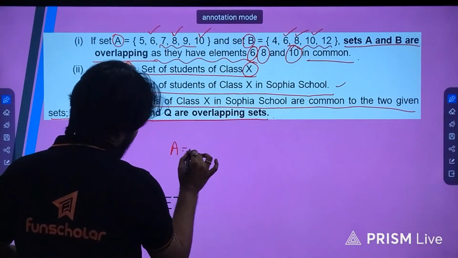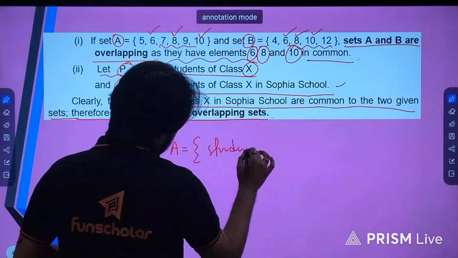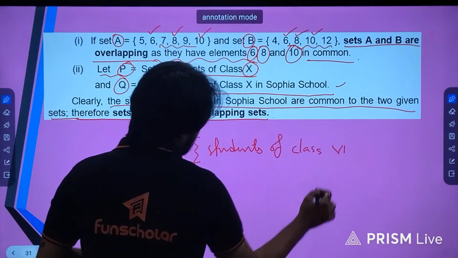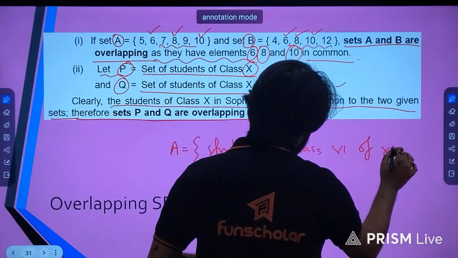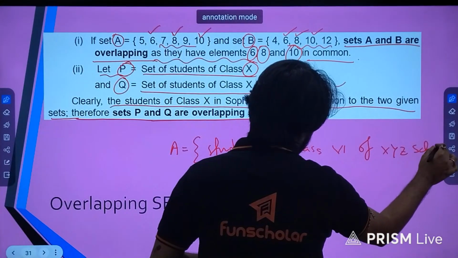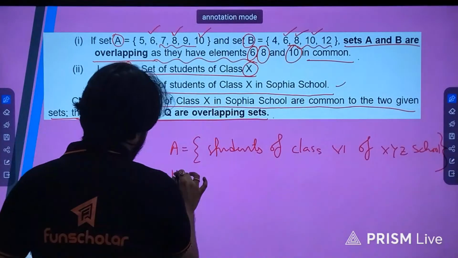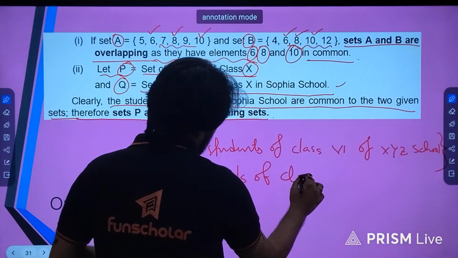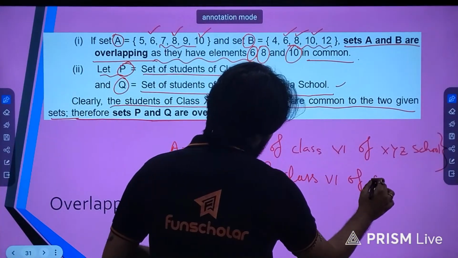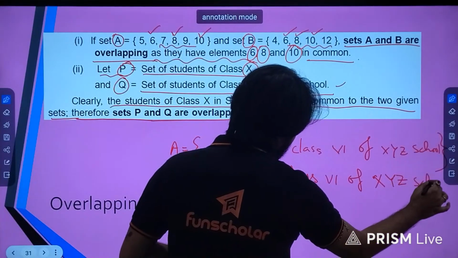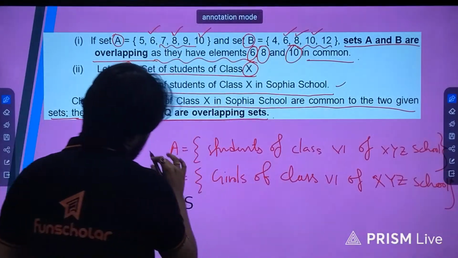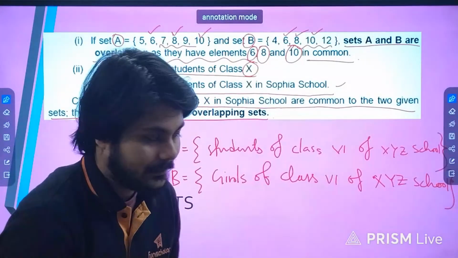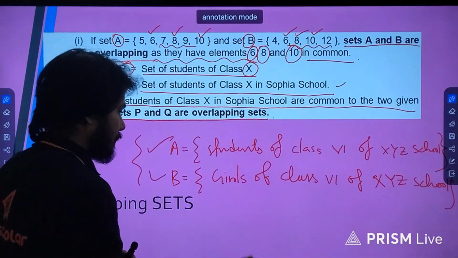Suppose A is the students of class 6 of XYZ school, and B is the girls of class 6 of XYZ school. Are these two sets overlapping? You can give your answer in the comment section if they are overlapping or not.